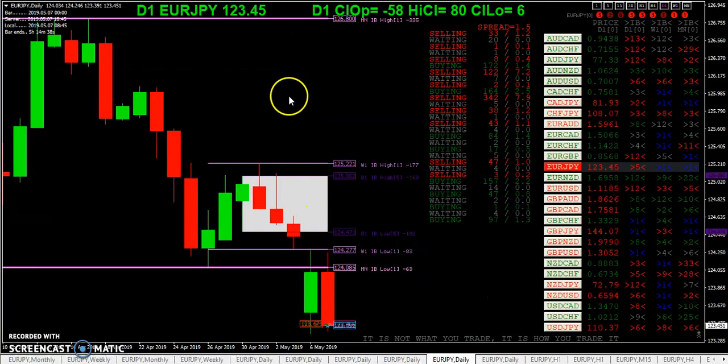Whoops. Inside bar. I pointed this out yesterday. We went in the monthly inside bar. Now it's come out and it's rejected it strong. Strong rejection there.